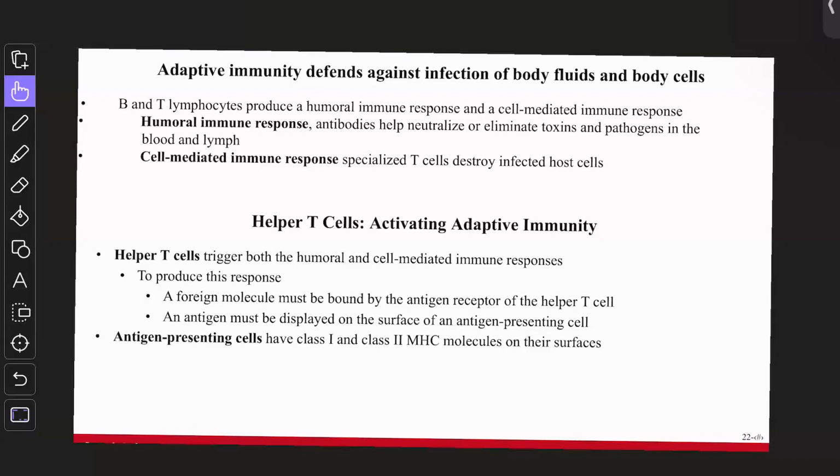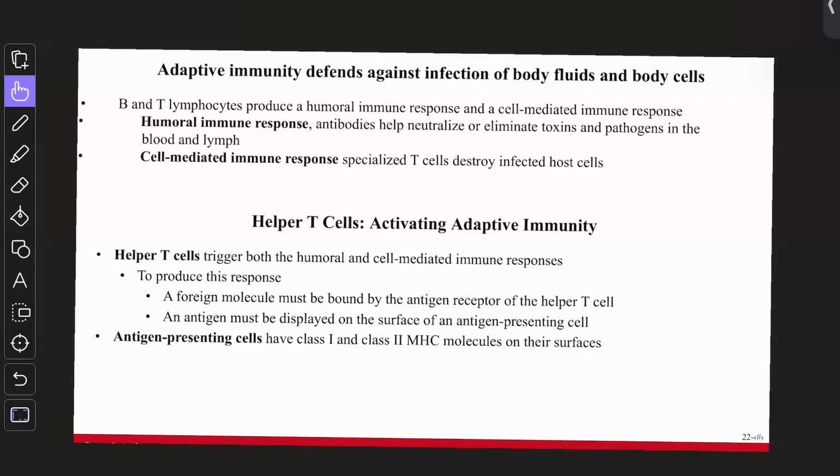Humoral deals with extracellular pathogens, things that are not in the cell. They're in the blood. Cell-mediated responses deal with intracellular pathogens, things that are in the cell. T cell is cell-mediated, B cell humoral. There's a figure we're going to look at the end that will bring all of this together.